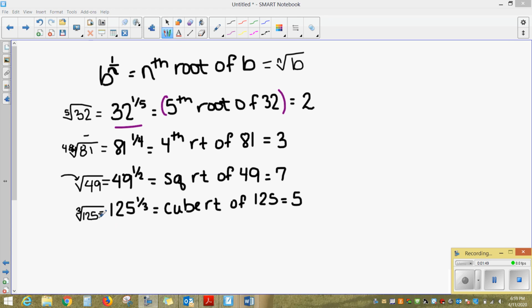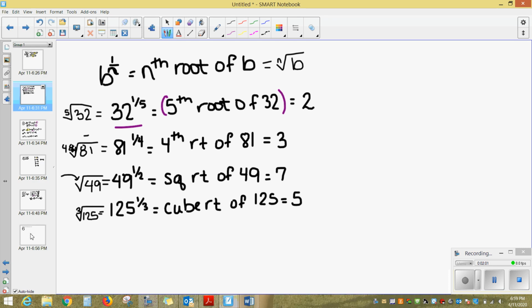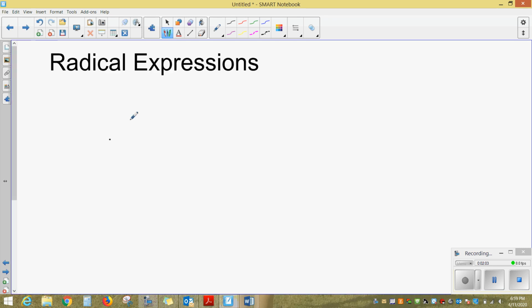So when we see a radical, we need to be able to make the connection between it and rational exponents, which ask for the same thing. There are times when it's going to be presented in one way, and we need to make the connection that it's the other.